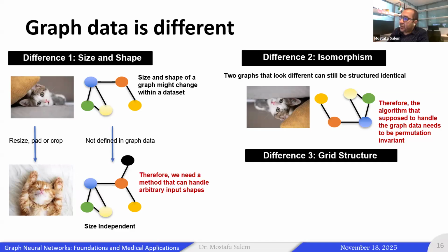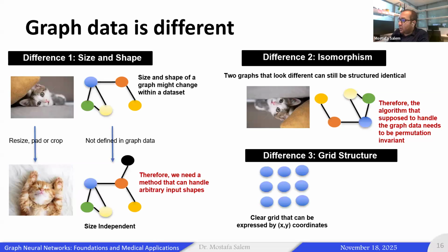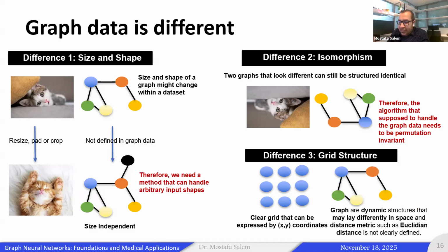The third difference between the graph and the image data is what's called grid structure. Images have a clear grid structure. So you have the pixel in the north, the pixel up left, the pixel up right, and so on. But in the graph, you cannot have a fixed location for each node.